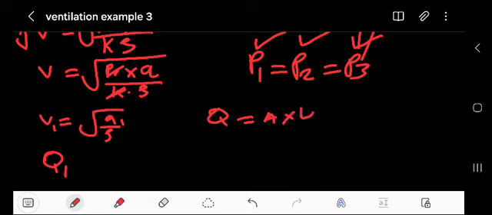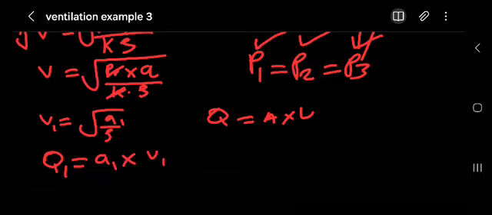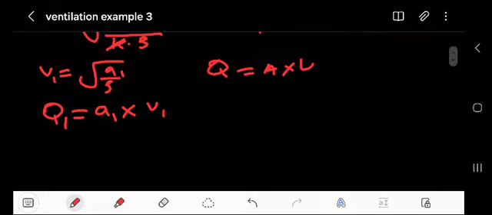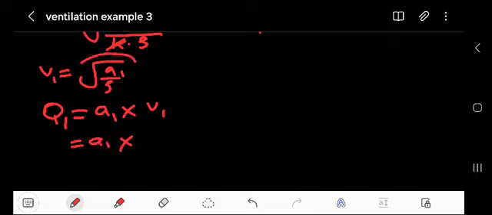I can say Q1 is equal to area 1 multiplied by velocity 1. So that will be area 1 multiplied by the velocity, which is the square root of area 1 over S. Right, this is what we'll have there.